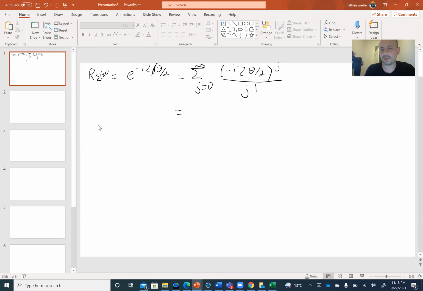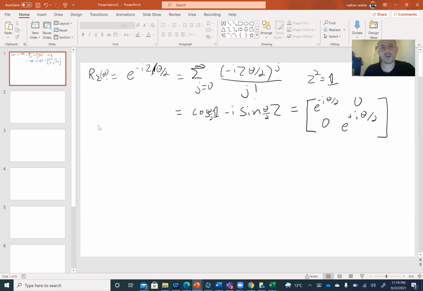And when you use the identity that Z squared equals the identity, you'll end up seeing that the odd and the even terms group together. And this is of the form cosine(theta over 2) times identity minus i sine(theta over 2) times Z, which of course is the matrix with e to the negative i theta over 2 and e to the plus i theta over 2 on the diagonal, and 0 elsewhere.